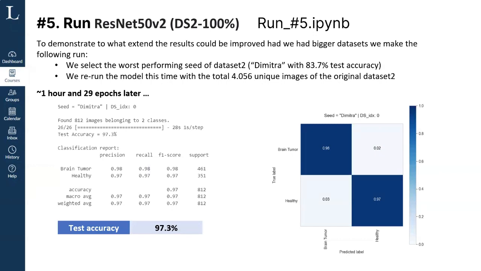The training took approximately 1.5 hours, and we see that the test accuracy on the whole dataset is now approximately 97%, which is significantly higher. This indicates that the number of images is a crucial parameter in our problem, and having a low number of images in dataset number 1 is a limiting factor.